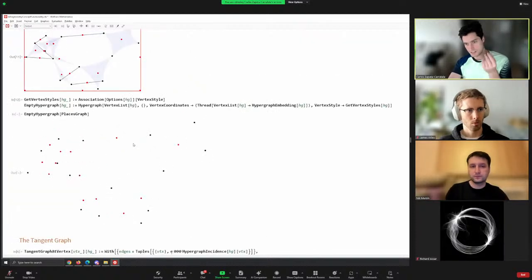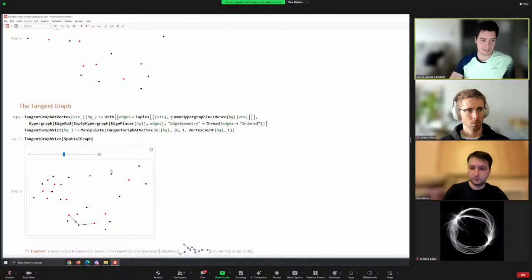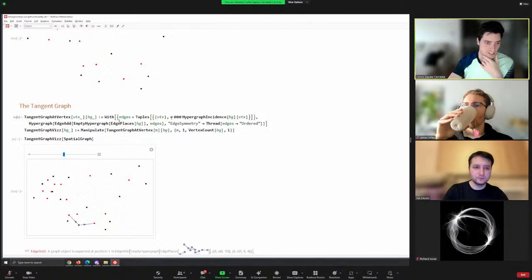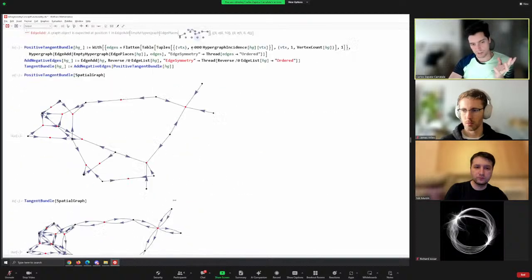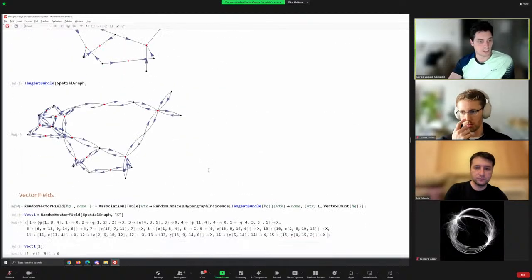The most obvious thing is the tangent graph, which is the idea that from each vertex place you can navigate to the adjacent vertices, technically the incident edges, but in this new edge place graph, the adjacent vertices. So you have here some examples of tangent spaces, which are all the directed edges that come from one vertex place into the edge places. You can put all of them together, and that's the analog of the tangent bundle.